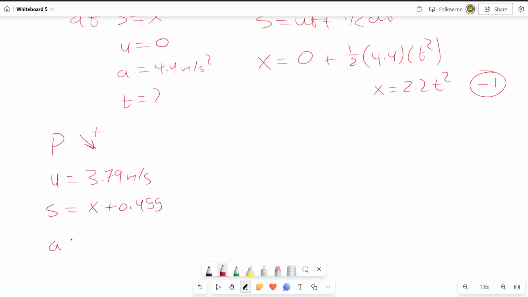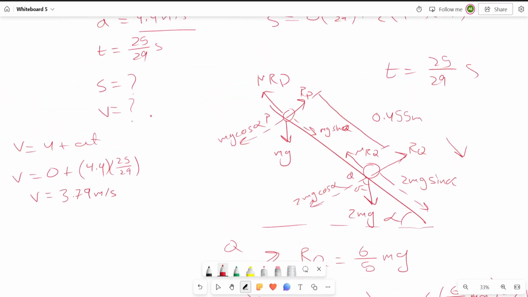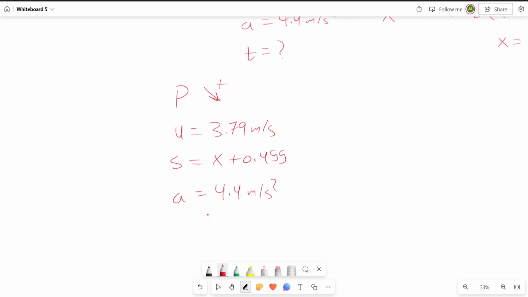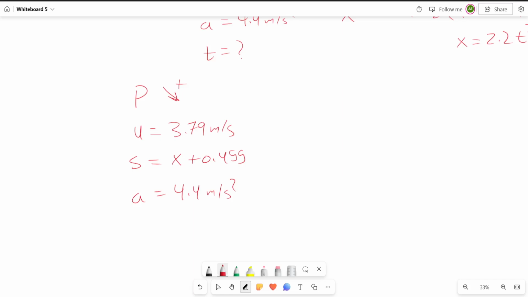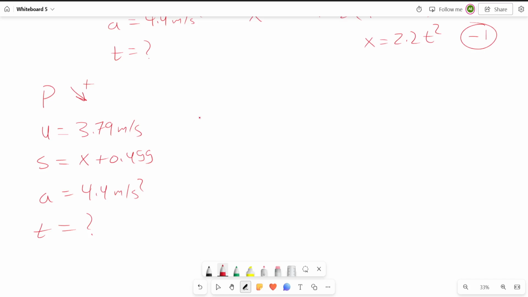I have my a for P, which didn't change from the last time because nothing changed for P. a was 4.4 meters per second squared, and I want the time at which all of this happens. So again, I will use s equals ut plus half at squared. So my s is basically x plus 0.455 equals ut, which is 3.79 t, plus half times a, which is 4.4, times t squared.